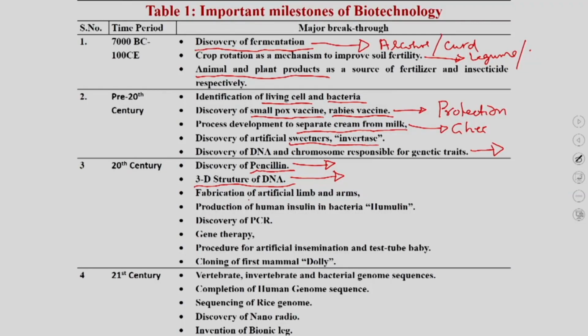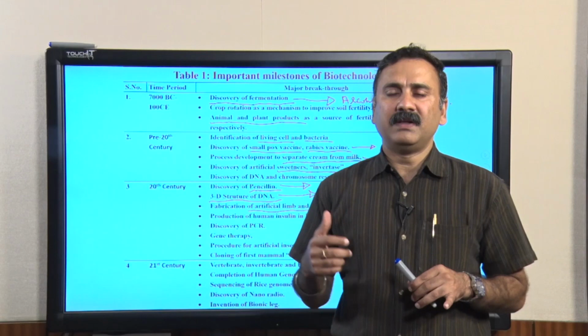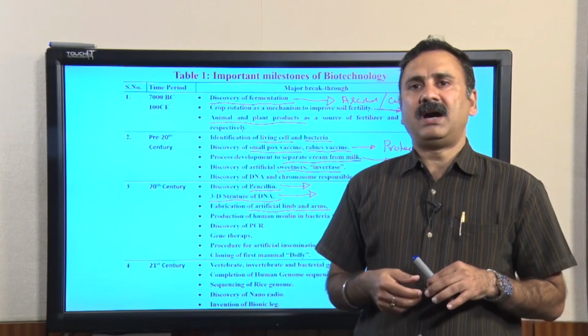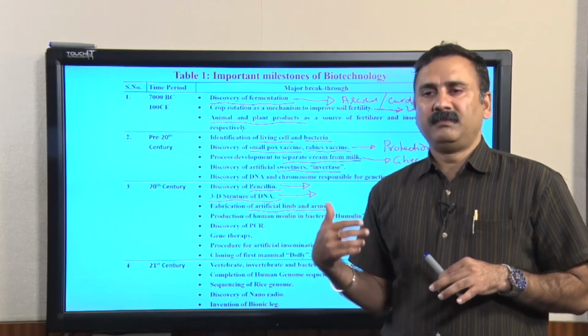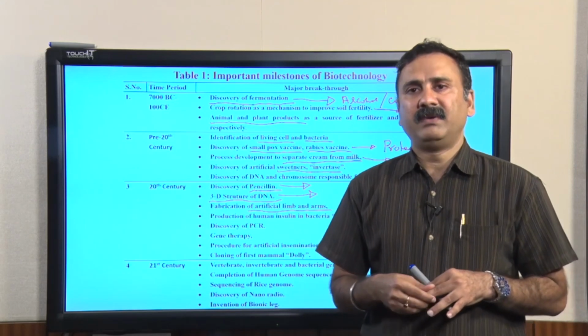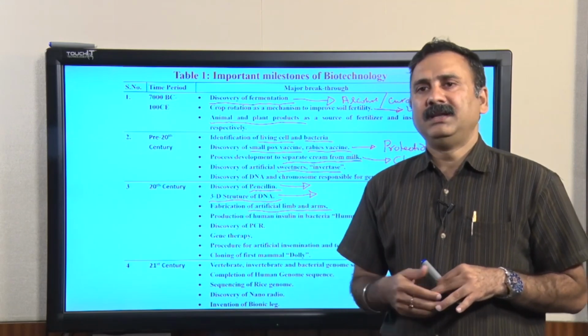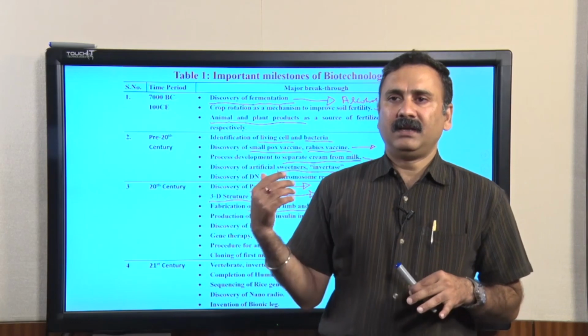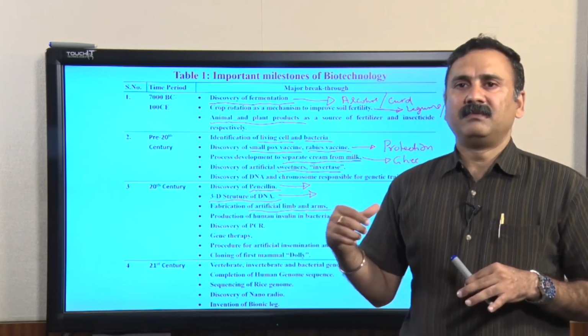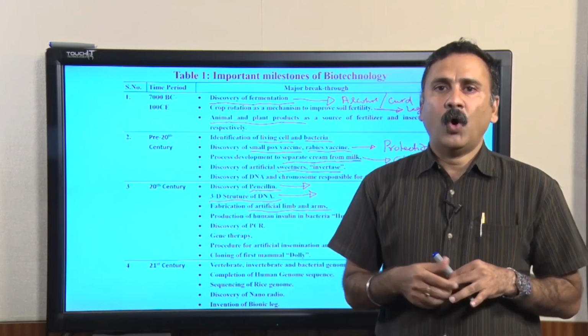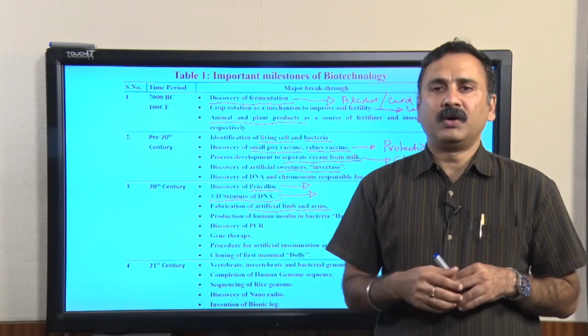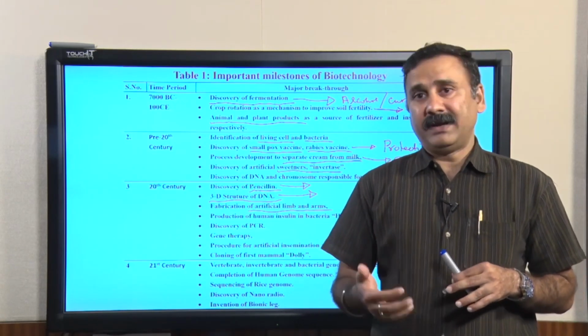Then they developed artificial limbs and arms. Once they were developed, it became a very important aspect, because for those who were losing a limb or an arm, these artificial limbs gave them hope that they could walk or work independently.